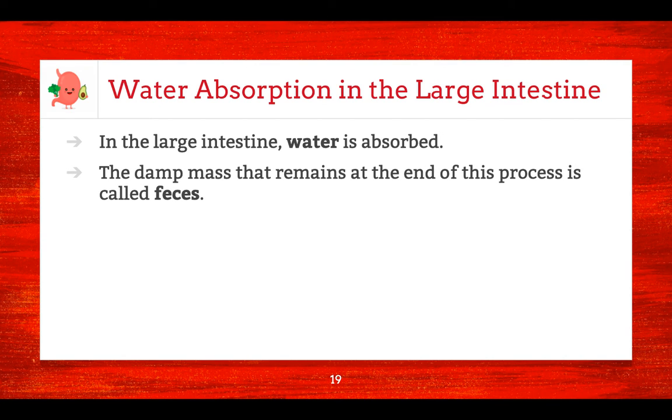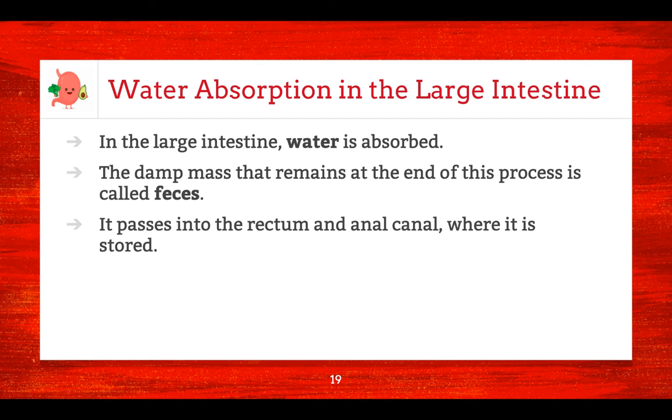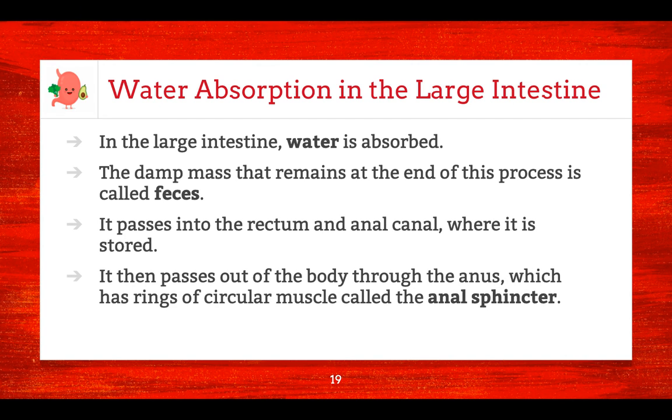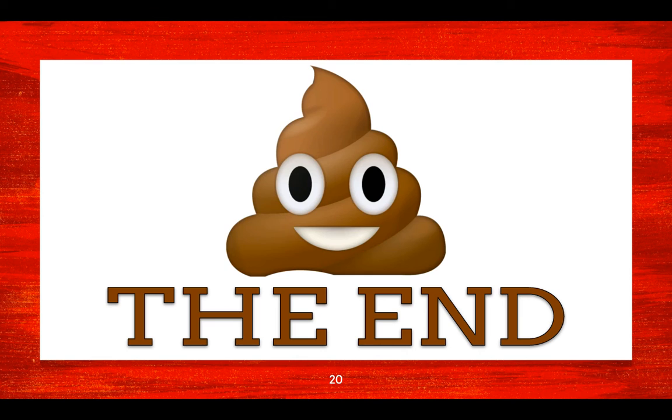So water is absorbed out of the undigested material, and then the damp mass that remains at the end is called feces, which passes into the rectum and anal canal, where it is stored. It then passes out of the body through the anus, which has rings of circular muscle called the anal sphincter. So that's our other sphincter that's part of the digestive system. So that is the end of our voyage through the digestive system.